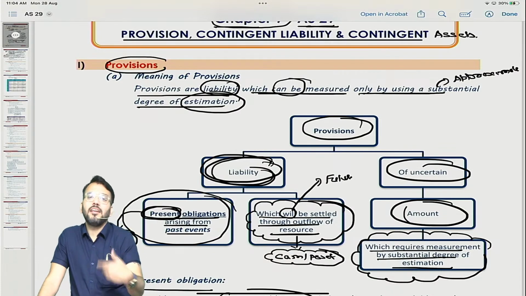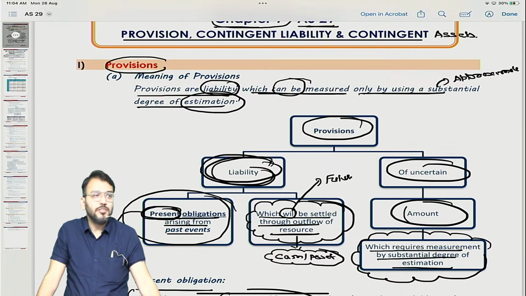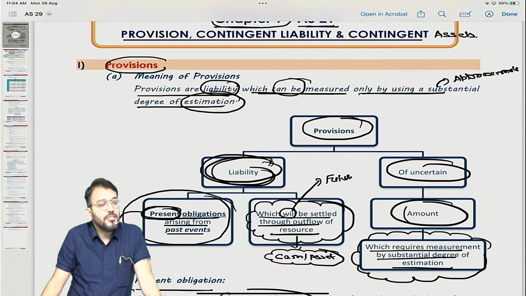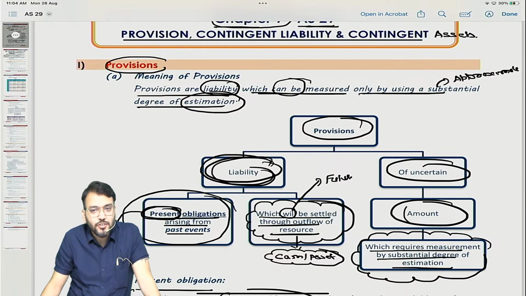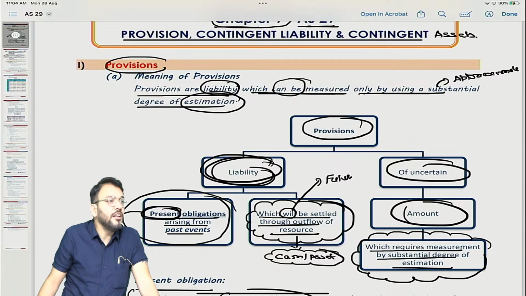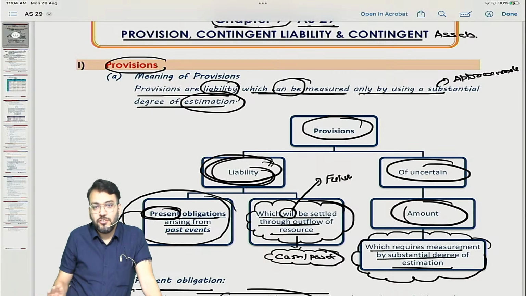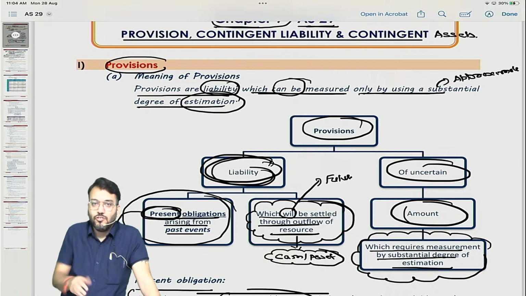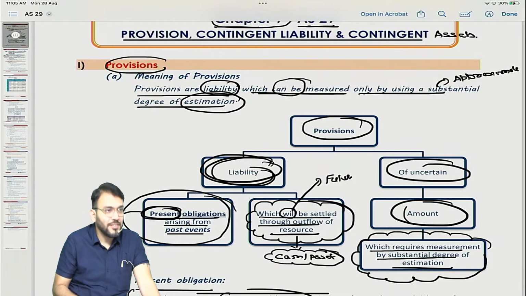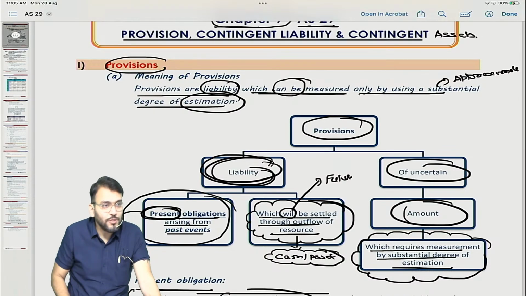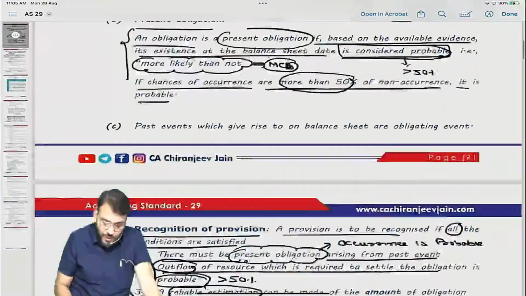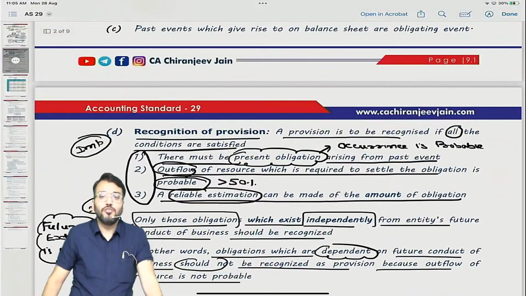Means it is more likely than not. A keyword has been used in AS 29. It is probable. Probable means what? It is more likely than not. The chances are more than not. Correct? It means more than 50%.